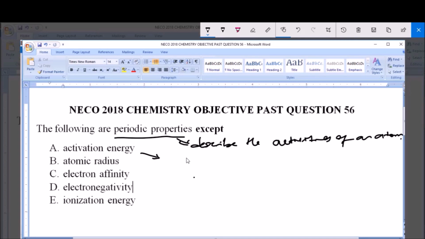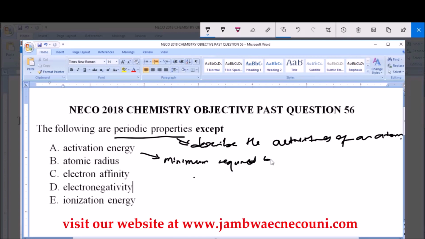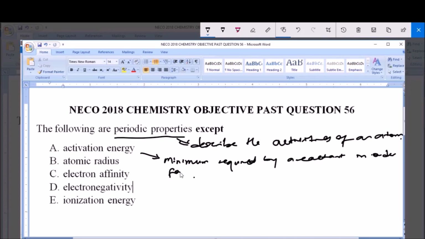Activation energy is the minimum energy that must be possessed by a reactant in order to form a product. If you look at it, activation energy does not describe the properties of an atom or element. It just simply describes the reaction. That is, it is the energy that is required by every reactant before they can complete a reaction, before they can give a product.